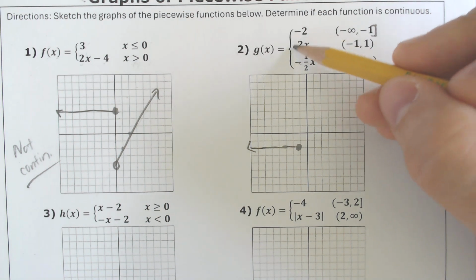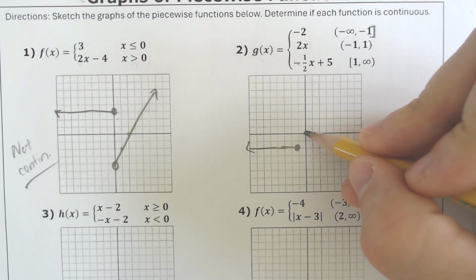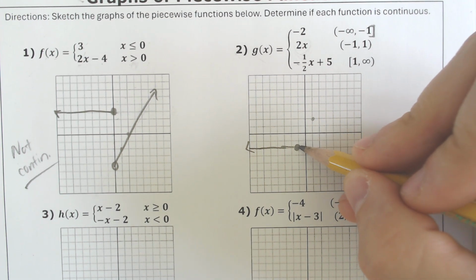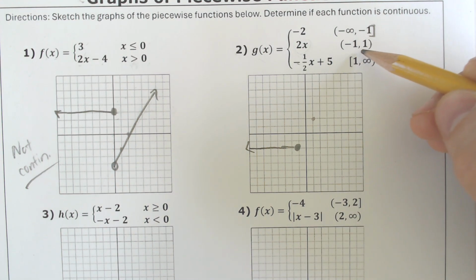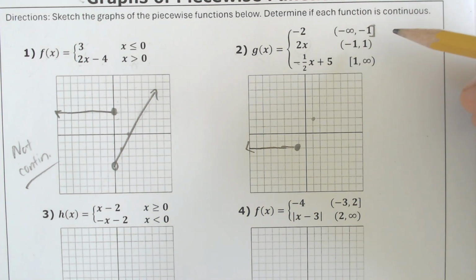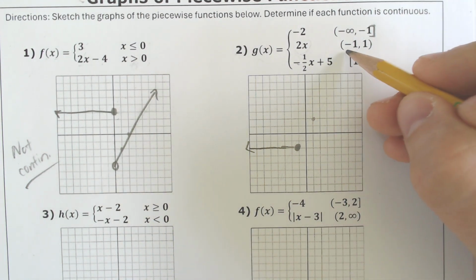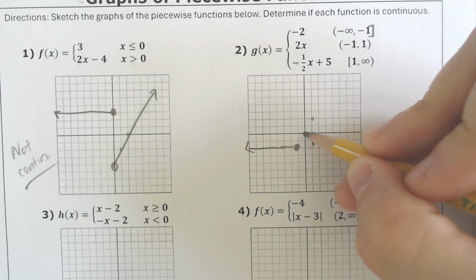Okay, y is equal to 2x, g of x is equal to 2x. That has a slope of up by 2 and over by 1, and down by 2 the other direction and over by 1. And let's see where we're graphing before I graph the entire line, because if I graph the entire line, I know I'm going to have to erase half of what I graph right here. So it's only going from -1 to 1, which happens to be where I'm at right now.